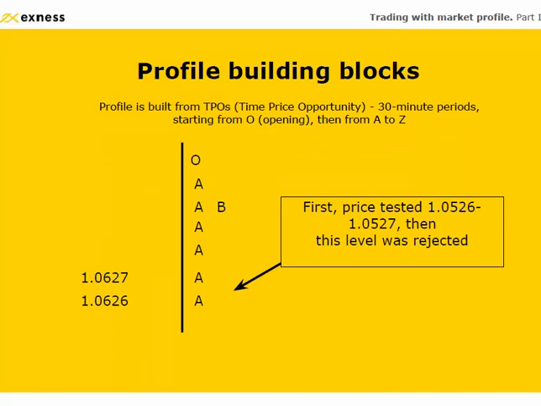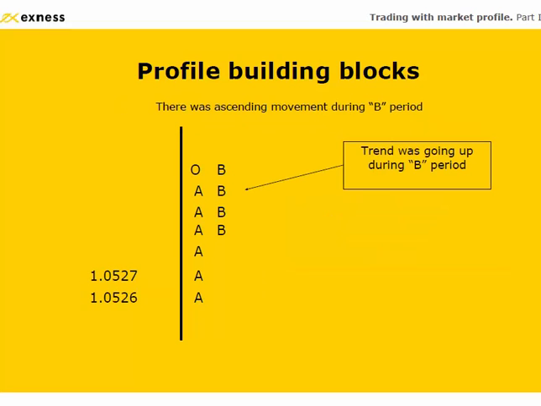Then let's imagine that in the first 30-minute period, which is the A period, price had reached the 1.0626 level and reversed after that. We will not see this reversal, we will only see the range of the A period. It is range extension. Then we will see the range of the B period. Letter B will be added to the vertical scale.